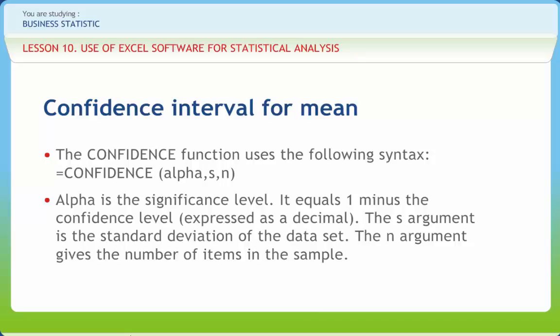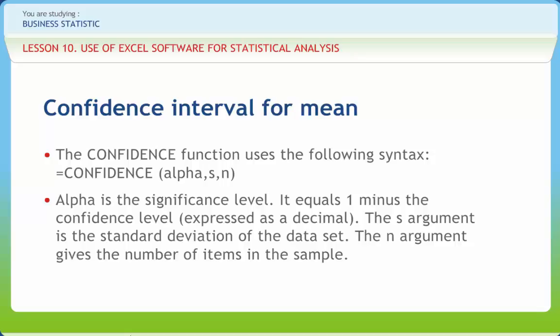To do this, using the confidence function, enter alpha 0.05 as the first argument, the standard deviation 2000 as the second argument, and n 500 as the third argument. The function looks like this: =CONFIDENCE(0.05,2000,500).